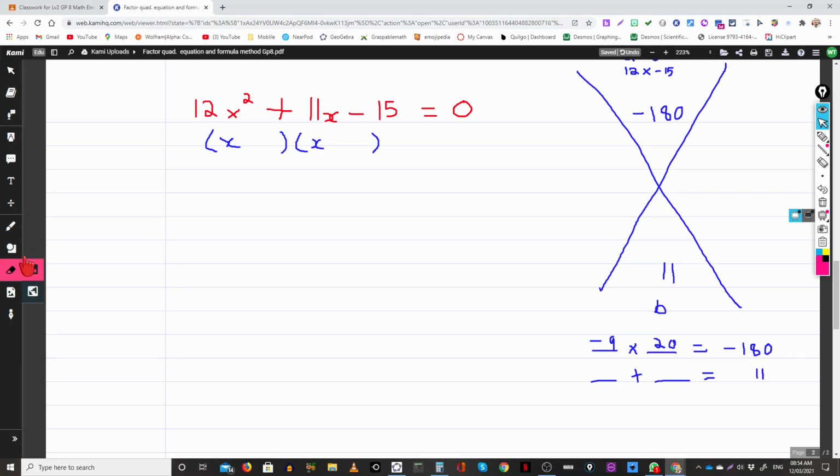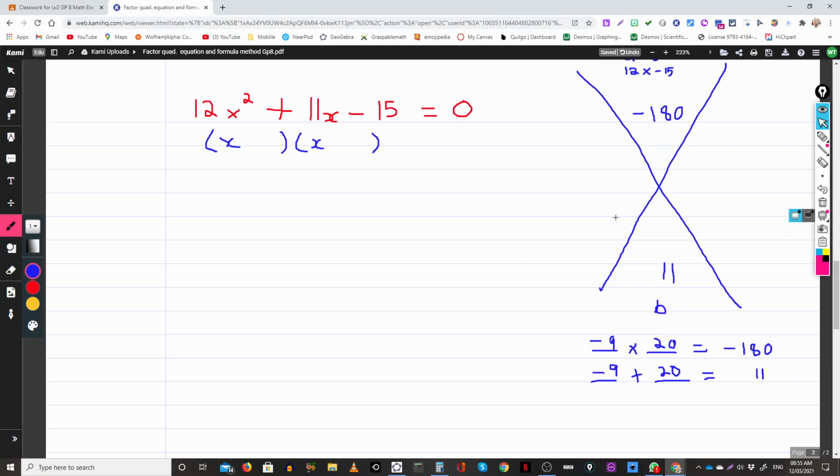Therefore it is negative 9 and 20, because minus 9 plus 20 gives you a positive 11.